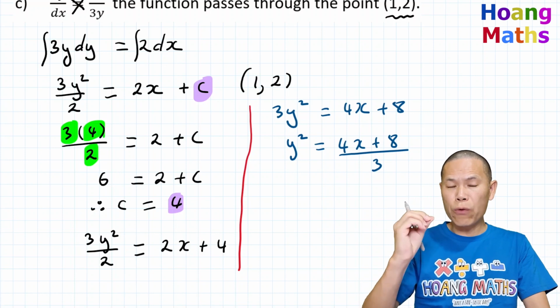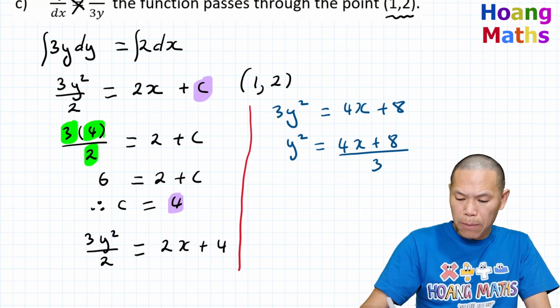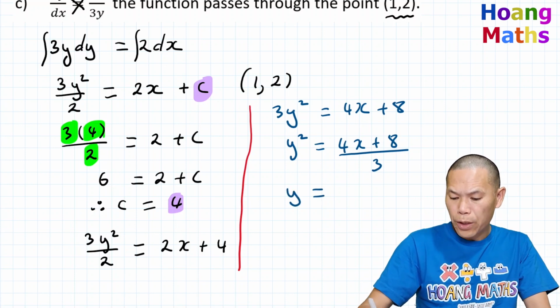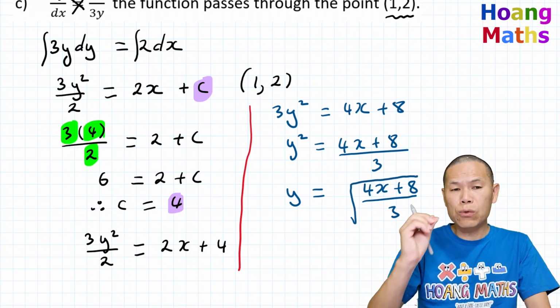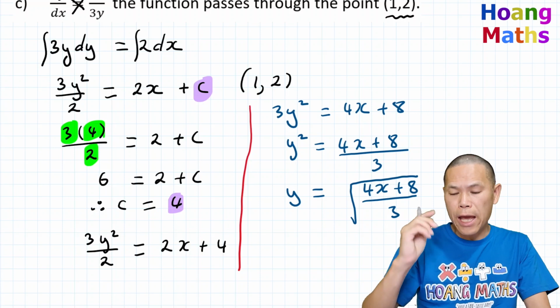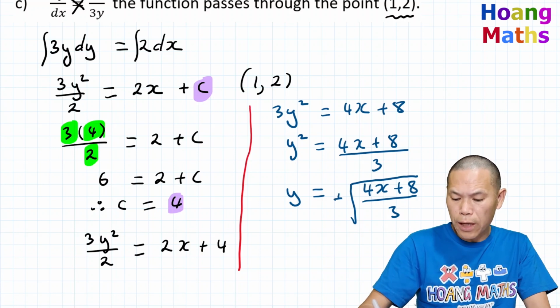Now we just square root on both sides. So y equals the square root of (4x plus 8) over 3. But when we take the square root on both sides, the answer should be positive and negative.